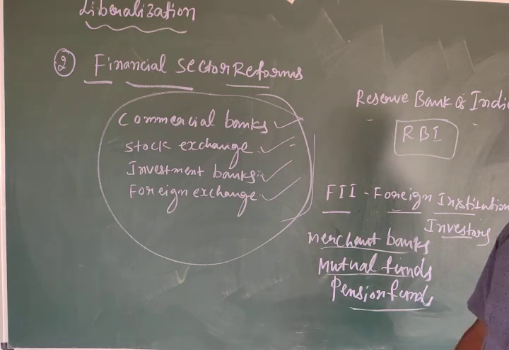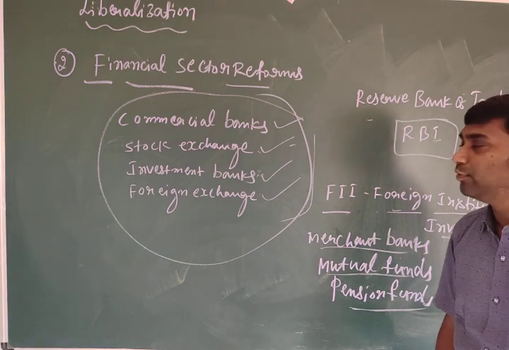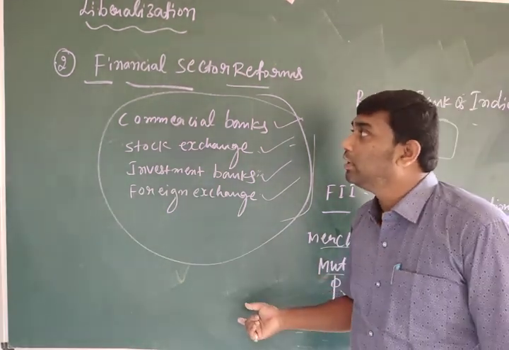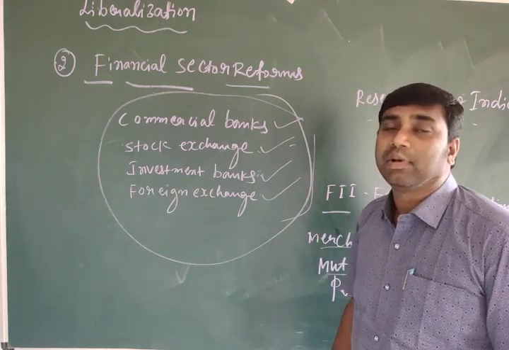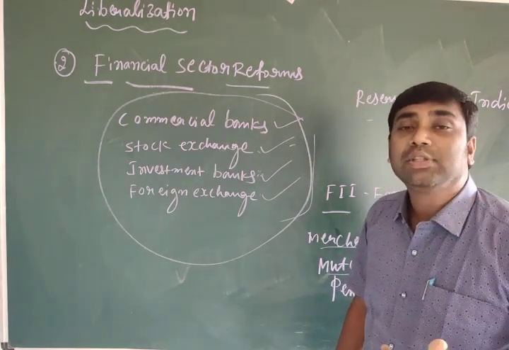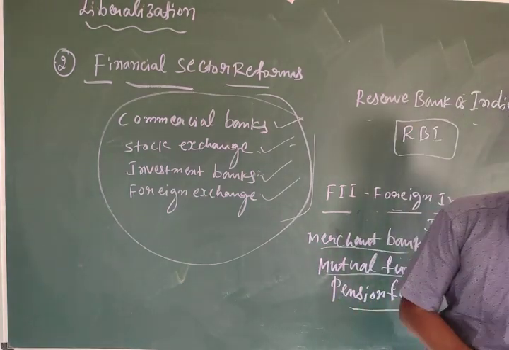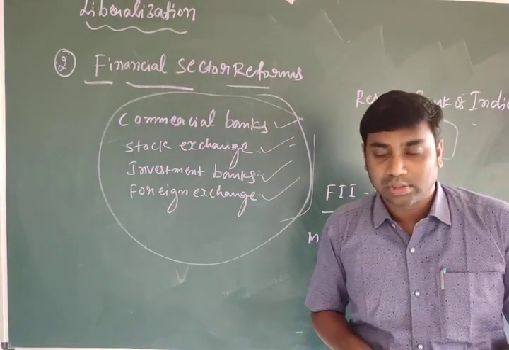Okay, these are all financial sector reforms, especially since before it was completely under the Reserve Bank of India. So the main aim of liberalization was to remove or reduce the role of the Reserve Bank of India in fixing the rate of interest, branch expansion, and starting or closing any bank.